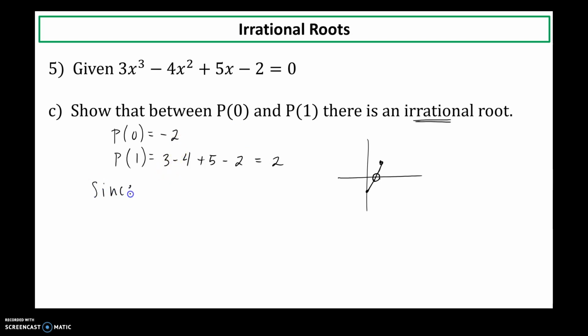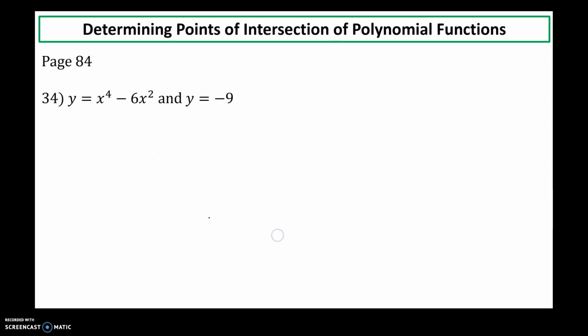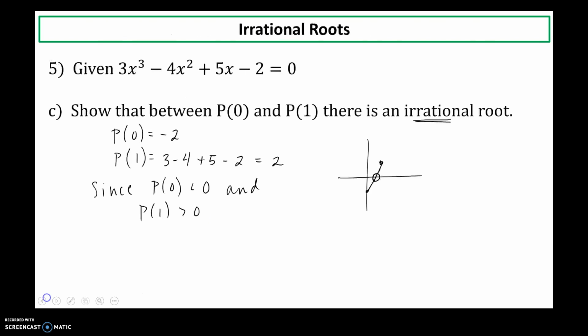So your justification in words: since P of 0 is less than 0, the one y value is negative, and P of 1 is greater than 0, my other y value is positive, then an x-intercept, or a root or a solution or a 0, right?